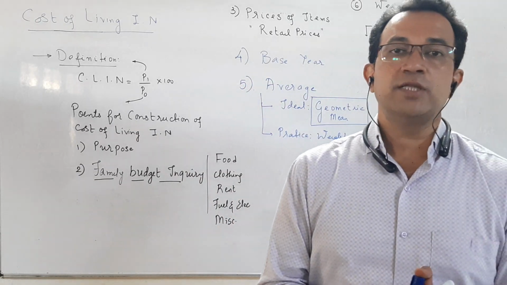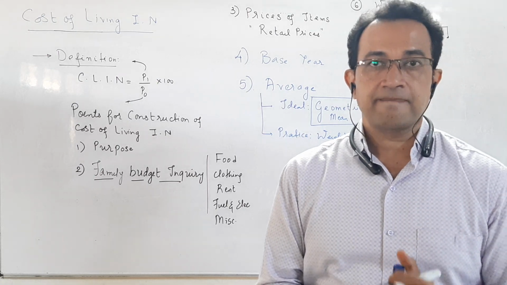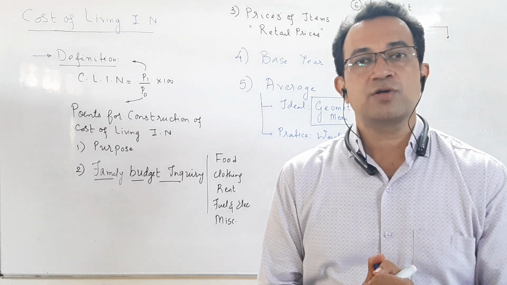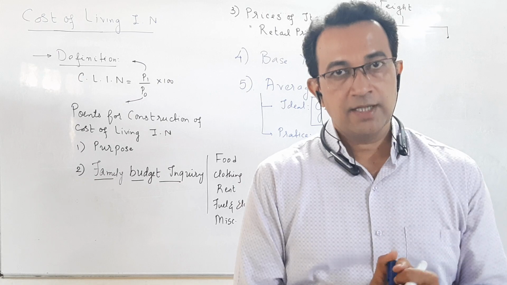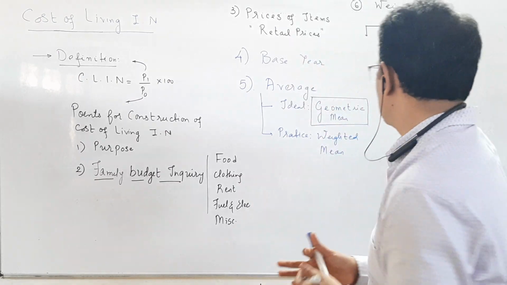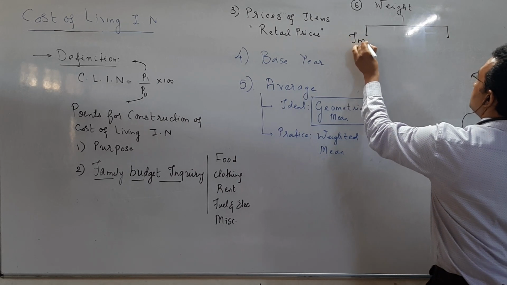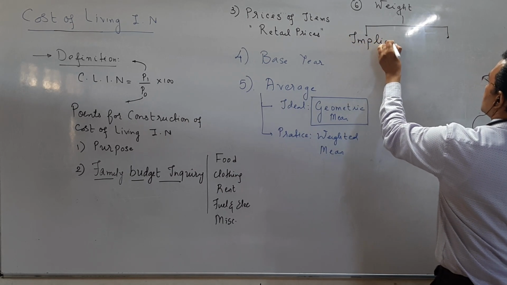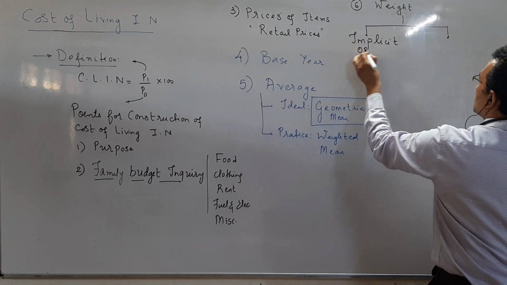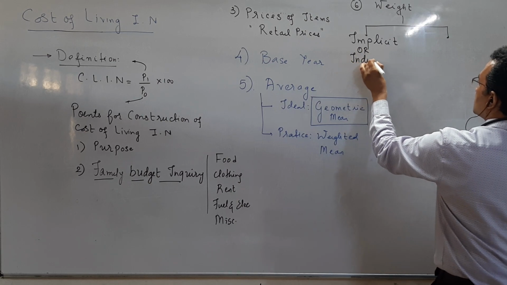So in general, the relative importance attached to a commodity or an item is called its weight. So weight of all the items may not be same when we construct cost of living index number. There are 2 types of weights in practice. The first is implicit or indirect weight.